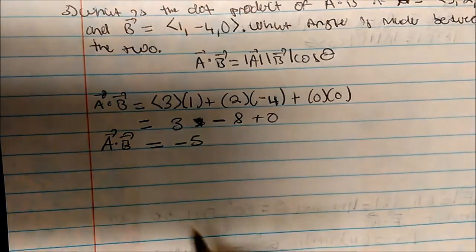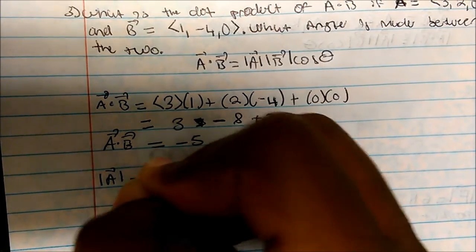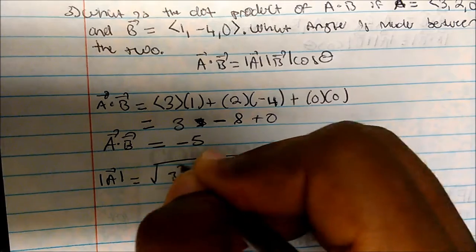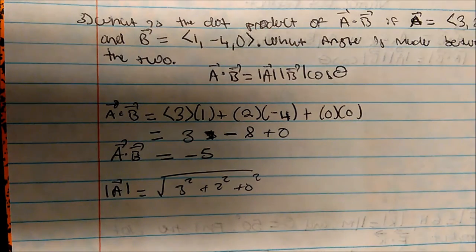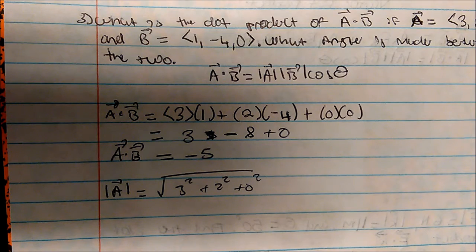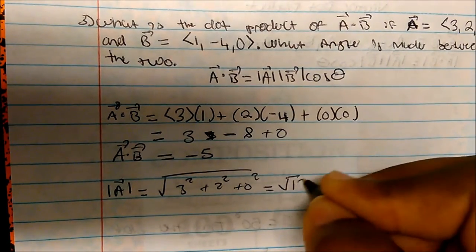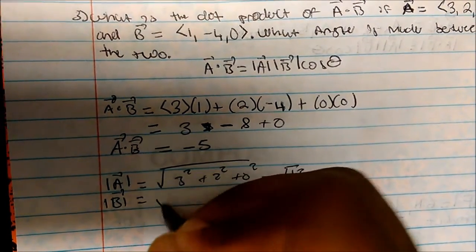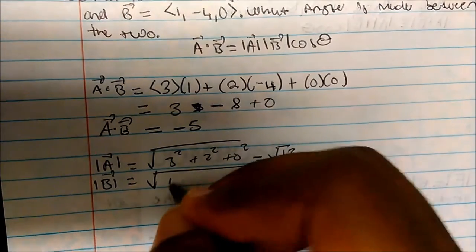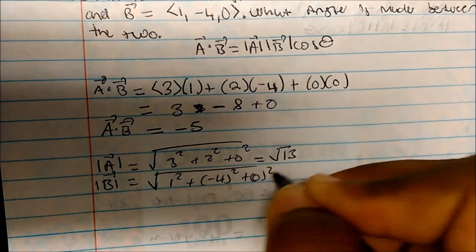Now we need to find the magnitude. Magnitude of A is just equal to the square root of 3 squared plus 2 squared plus 0 squared. If we take 3 squared plus 2 squared, we get the square root of 13. And the magnitude of B is just equal to the square root of 1 squared plus negative 4 squared plus 0 squared.